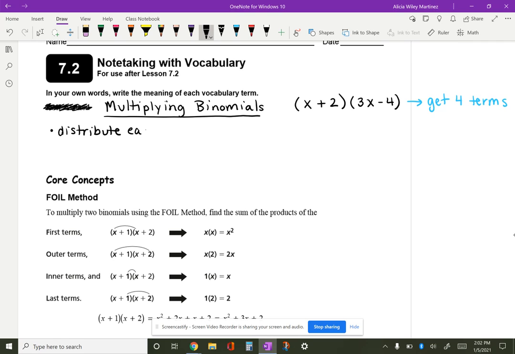each term in the first binomial to each term in the second binomial.